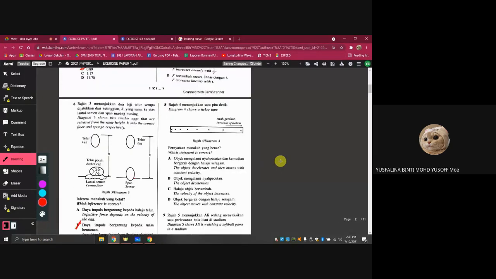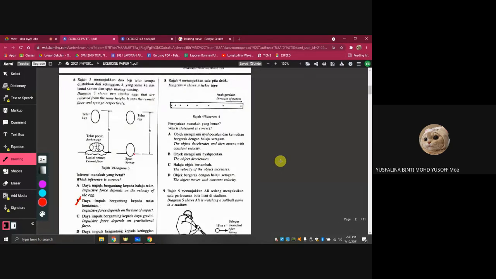Okay, and then for number 8. For number 8, you have to see the direction of motion first. The direction of motion is to the right. So the first point starts from here, and goes to here. This one is only for ticker tape. Don't be confused with the car moving.